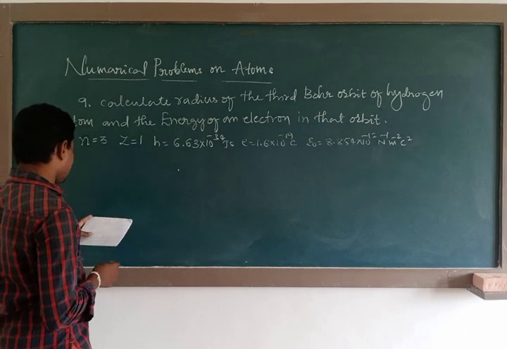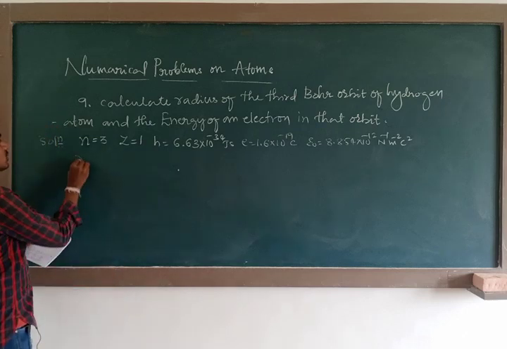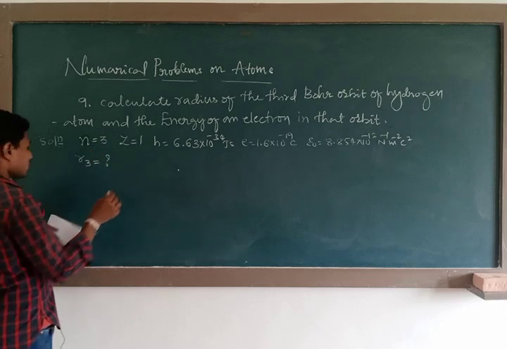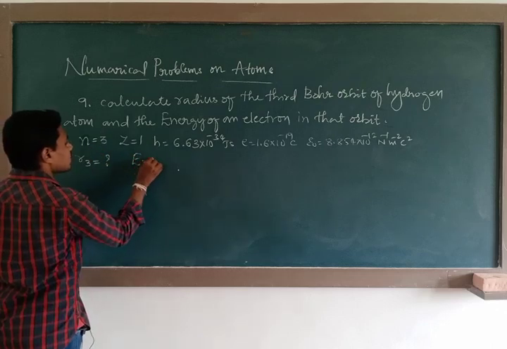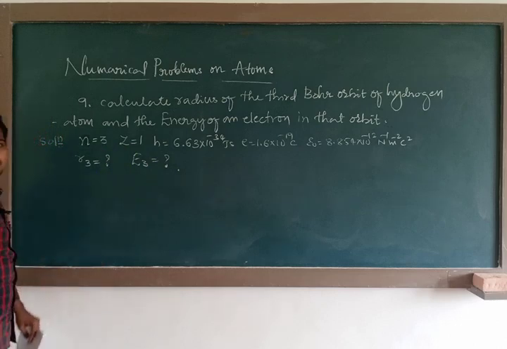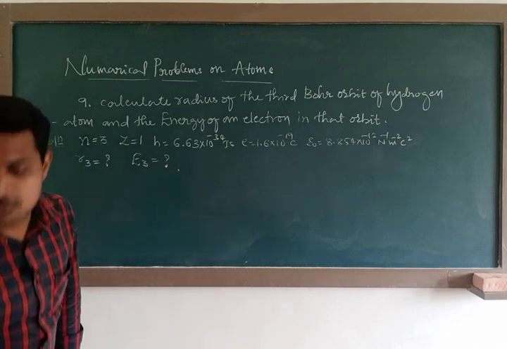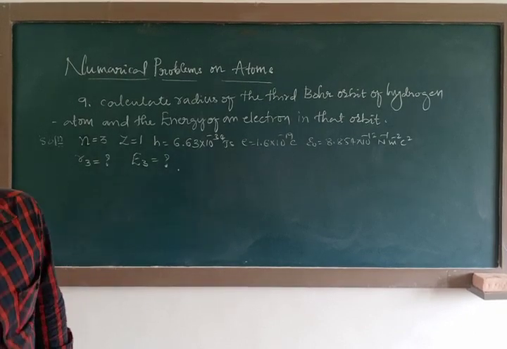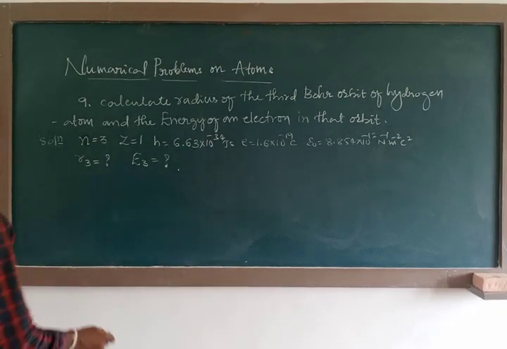And we need to find what is R3, so radius of third orbit, and also energy in the third orbit, that is E3. Very simple. How to find this? You have a direct formula here.